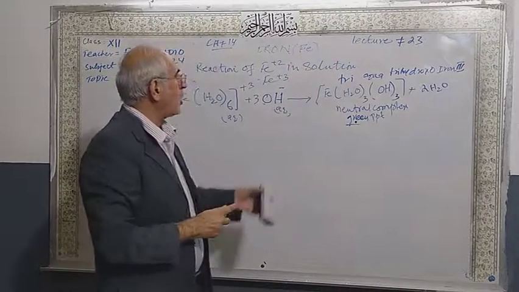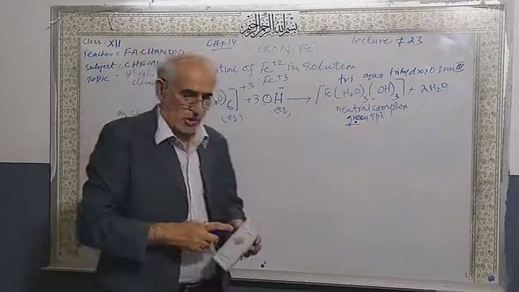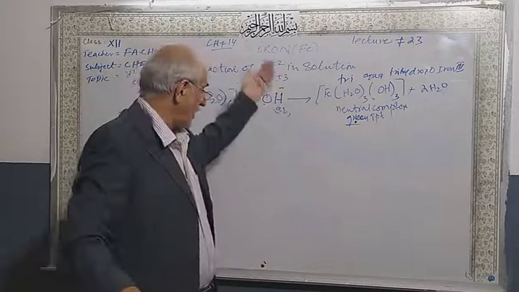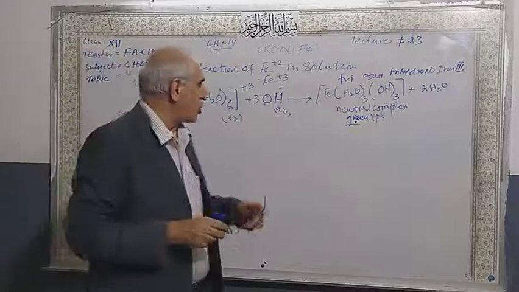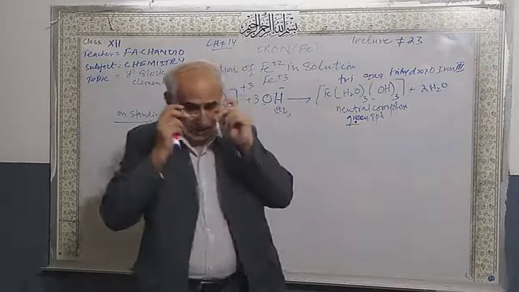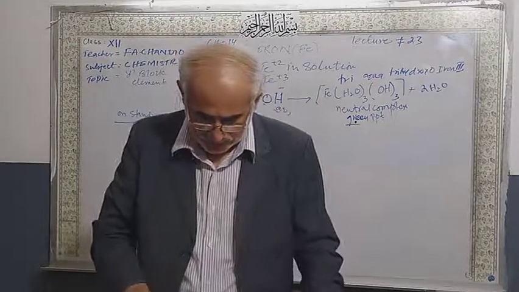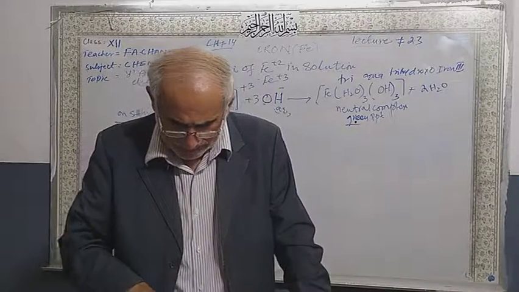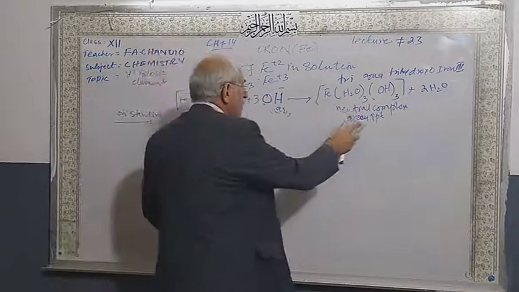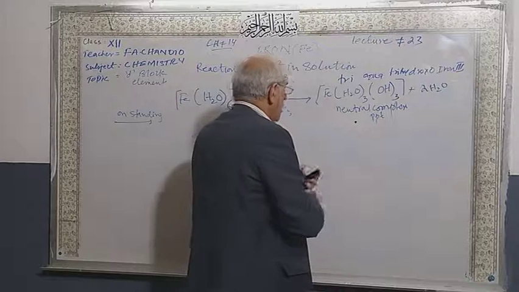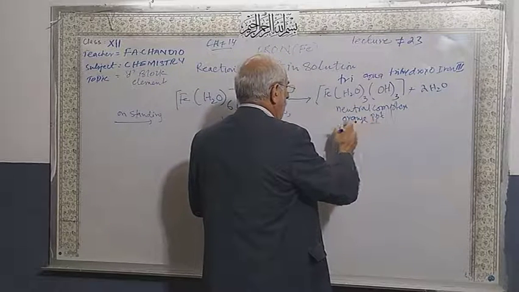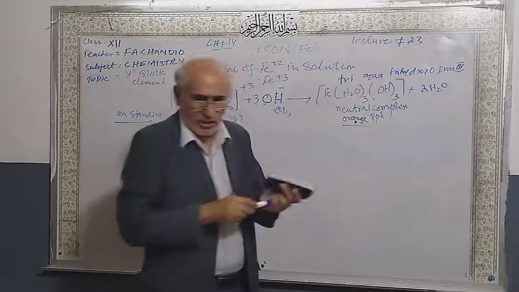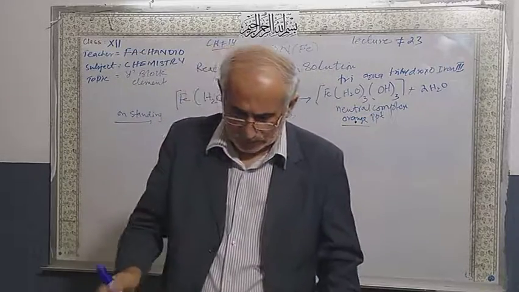This complex is called triaquatrihydroxoiron 3, and it is again a neutral complex with low charge and gives a precipitate. This precipitate is orange. If you see your book, an orange precipitate is going to be formed.